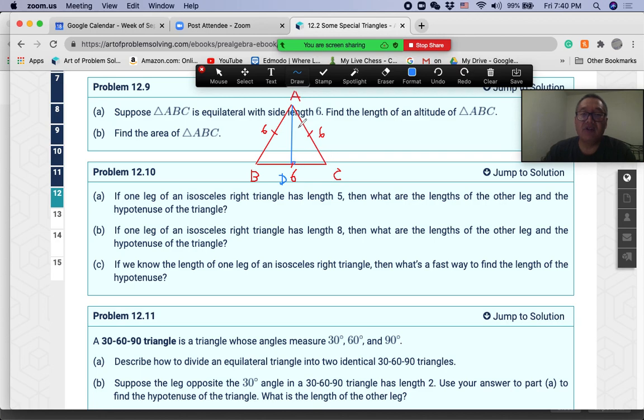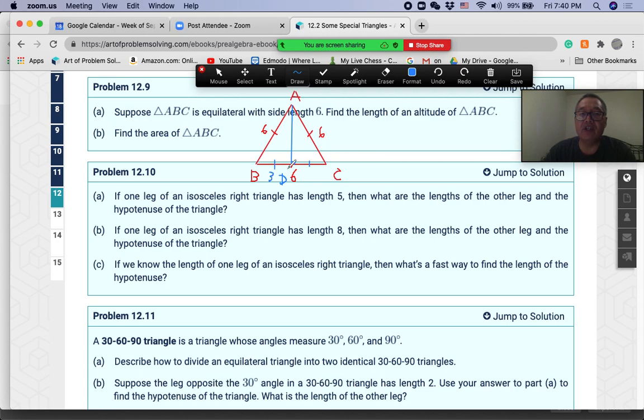To do that, based on the previous problem, when you draw the altitude from A to BC, if this triangle is an isosceles triangle, then D will be the midpoint of BC, right? Remember, we just finished that problem. So that means BD equals DC equals 3.